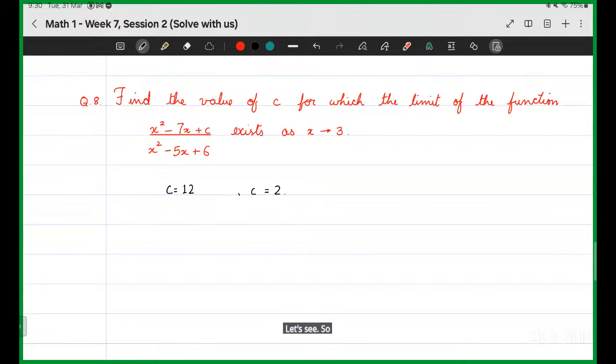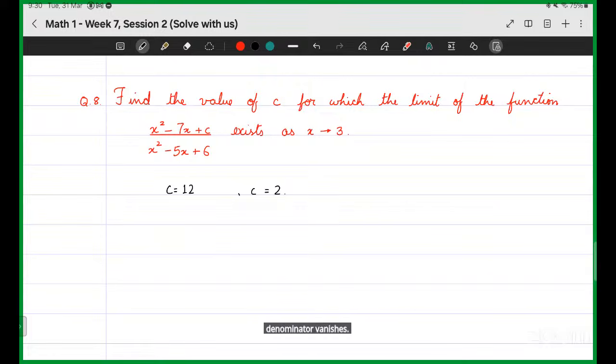So what's the approach? What do you observe when you substitute the value? The denominator becomes 0. Denominator vanishes.